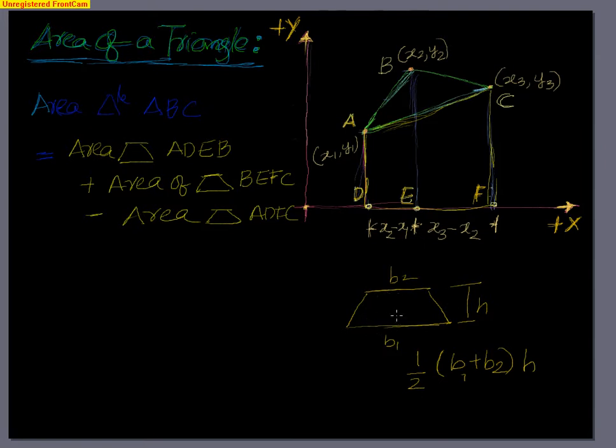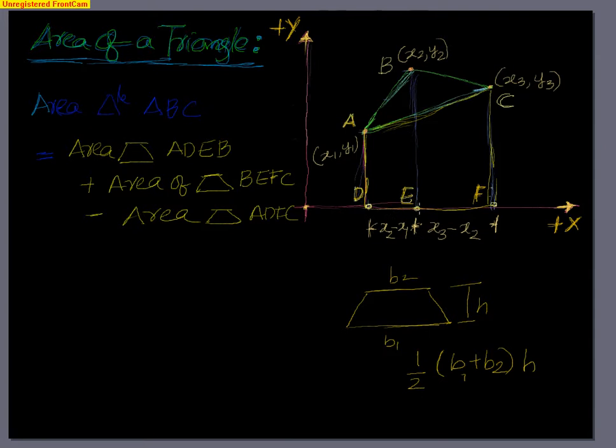AD and EB are parallel sides, and DE is the height of the trapezoid. That means my B1 is AD, my B2 is BE. I have to add them, then multiply by the height.